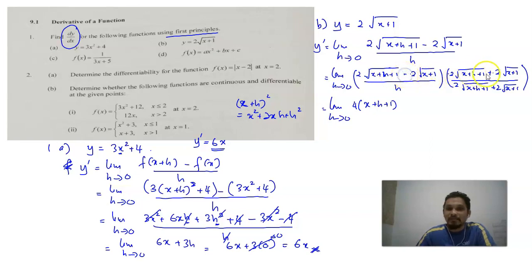Then negative times positive is negative, 2 times 2 equals 4. Square root of x plus 1 multiplied by square root of x plus 1, then x plus 1 divided by... it is h here, and then multiply with this one, 2 square root of x plus h plus 1 plus 2 square root of x plus 1.